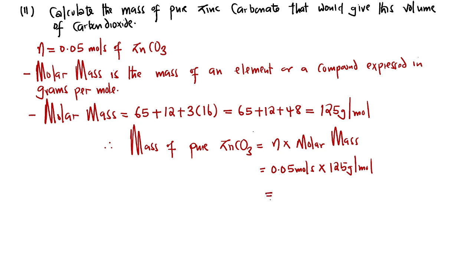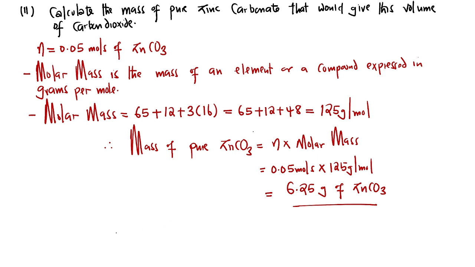This is going to give us 0.05 multiplied by 125, we're going to have 6.25 grams of zinc carbonate. So this is the mass of the pure zinc carbonate.